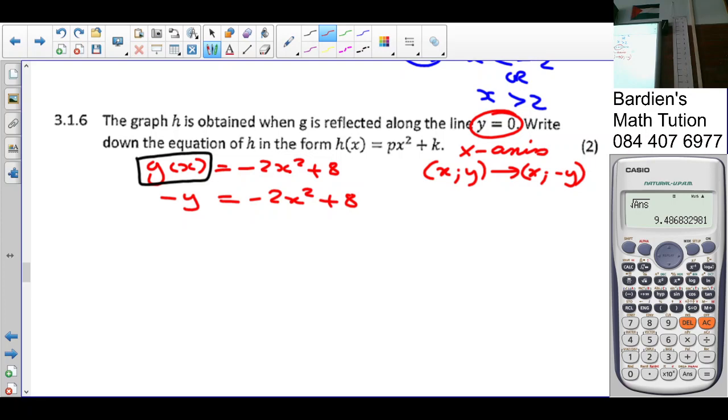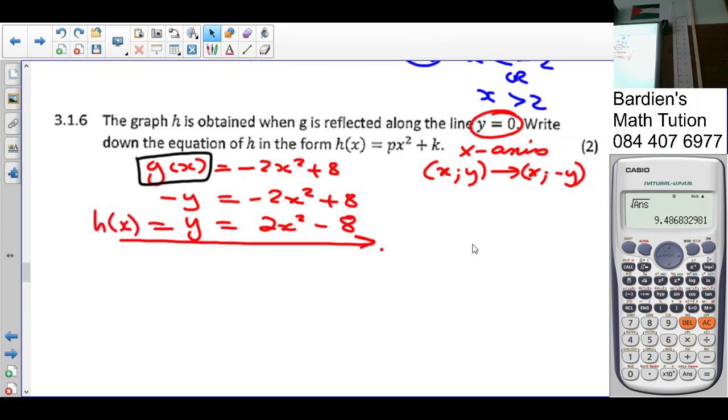How do I get y to be positive? Divide out by negative. So y is equal to 2x squared minus 8. And that's the equation of h of x. Alright? Any confusion here? No?